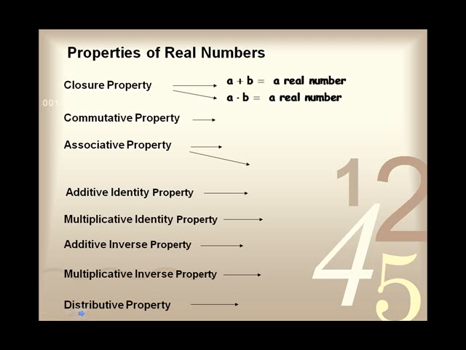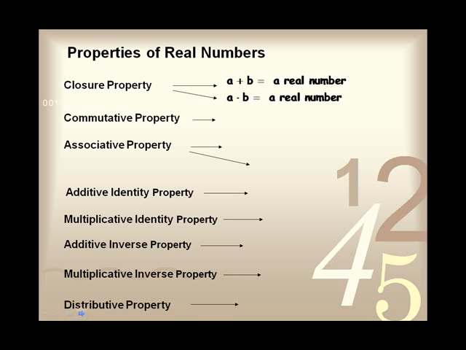Now that seems kind of intuitive, but when you start playing around with imaginary numbers, if you were to add 2 imaginary numbers, for the most part, you're still going to get an imaginary number. However, if the 2 imaginary numbers cancel each other, you would get 0, and 0 is a real number. So there's one example of how these properties are only for real numbers, not for imaginary numbers.